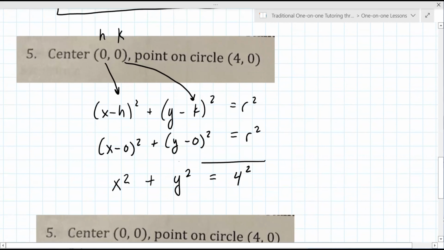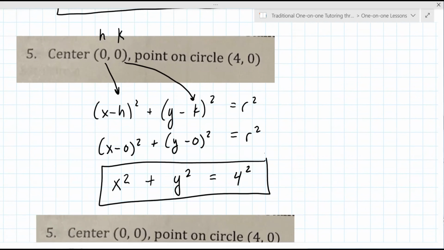So this is your final answer here, just to be clear. That's the final answer. Okay, got it down.